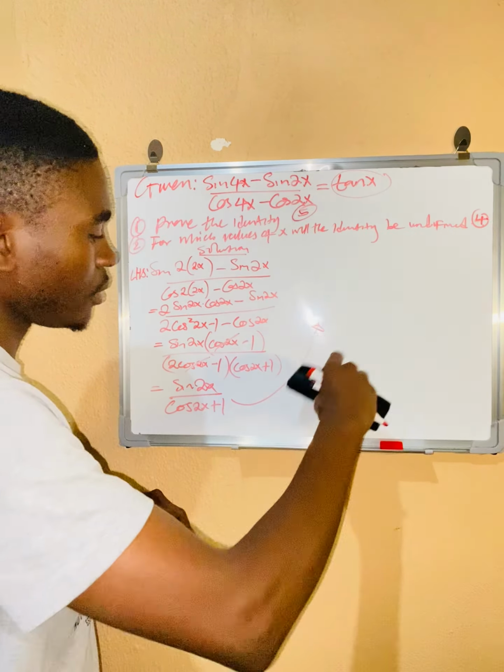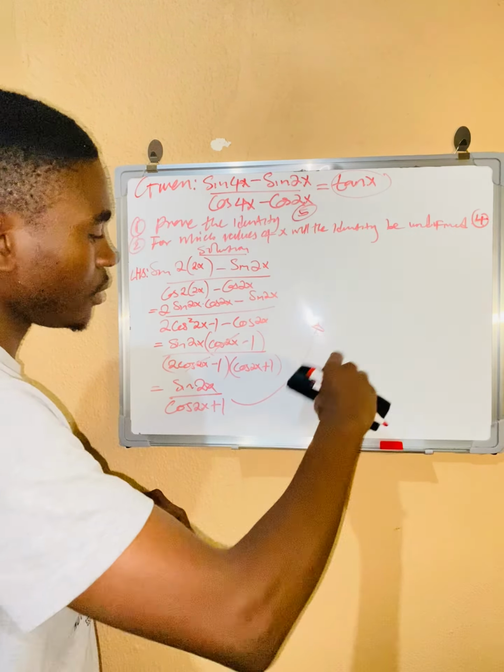Now you can see we're going to have 2 sine x cos x all divided by, 1 minus 1 is 0, so we're left with 2 cos squared x. I'm sorry, it's going to be 2 cos squared x.